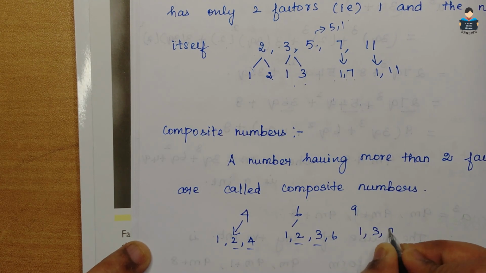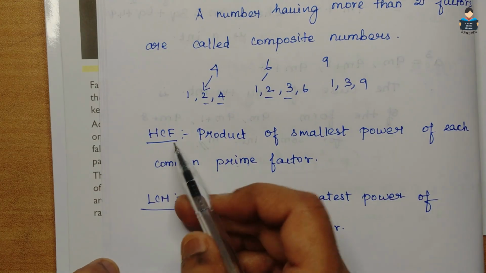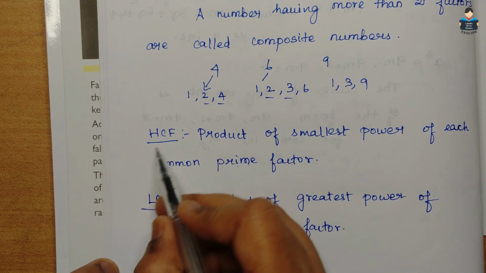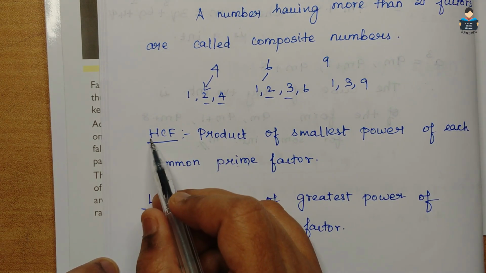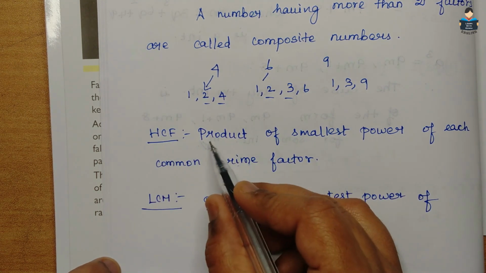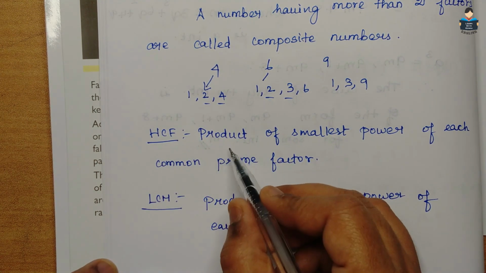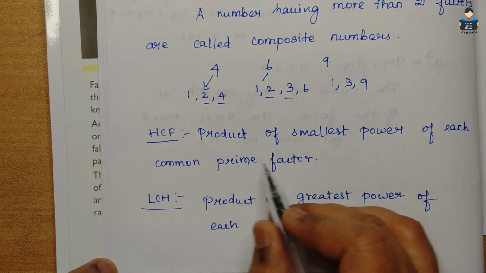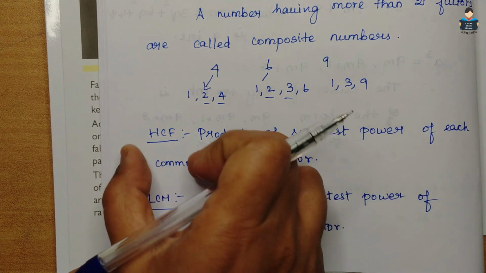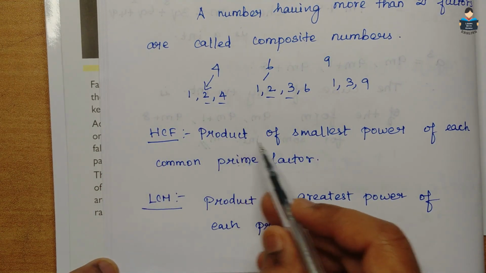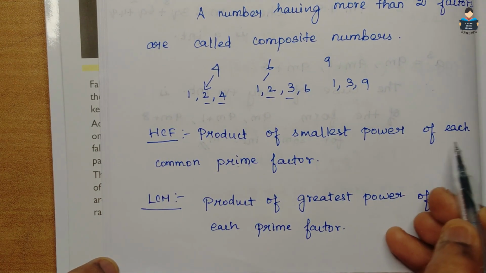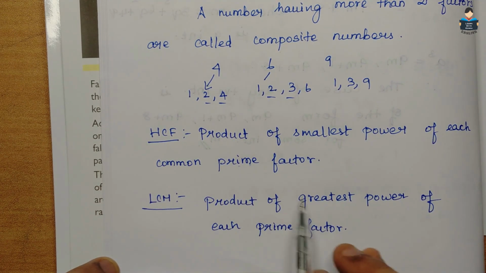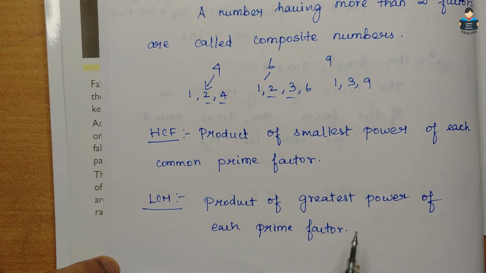Next, what we are going to see is what is HCF and LCM. HCF is the highest common factor. It can be defined as the product of the smallest power of each common prime factor, and LCM is the product of the greatest power of each prime factor.